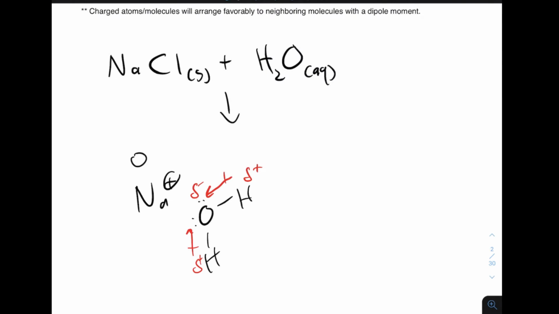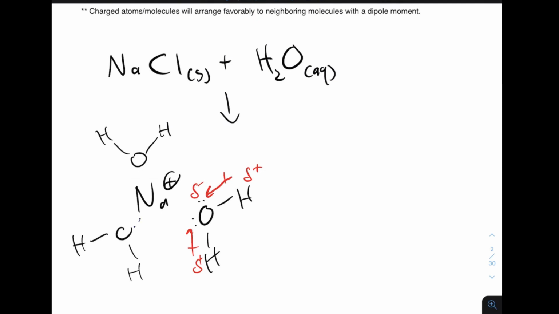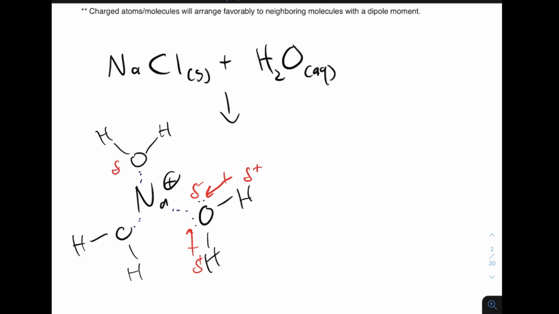So when we put sodium chloride in solution, there's a bunch of these water molecules surrounding the ions and forming these interactions, to quote-unquote stabilize that positive sodium so it's not just hanging out in solution by itself in charge.